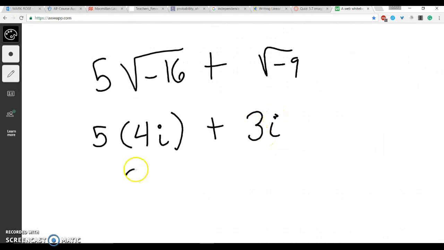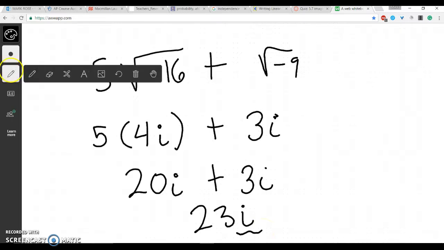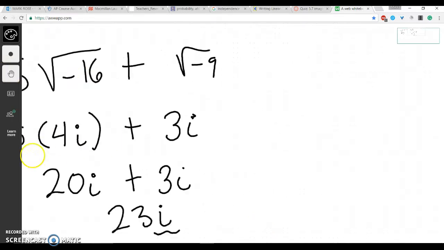Well, 5 times 4 is 20. And then 20 plus 3 is 23. And as you notice, I just keep the i's along. So what we want to do is treat i like a variable and just kind of keep them along. Let's see another example.